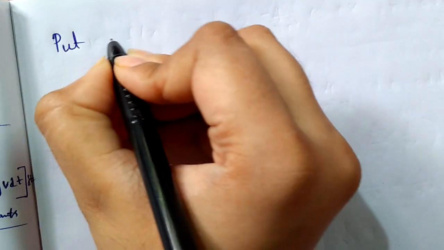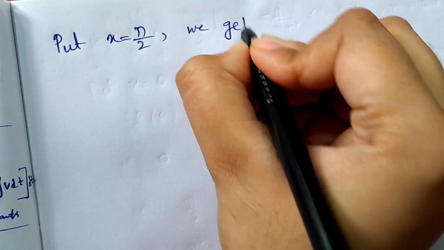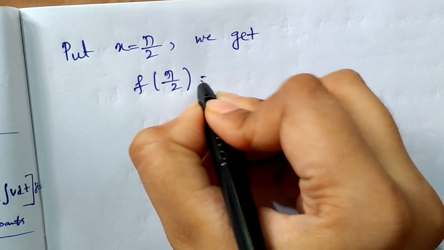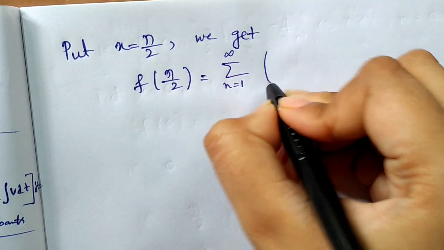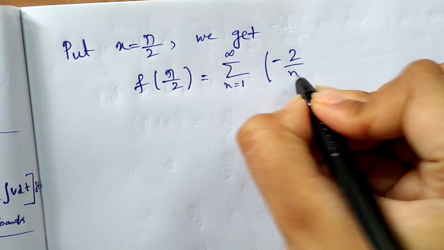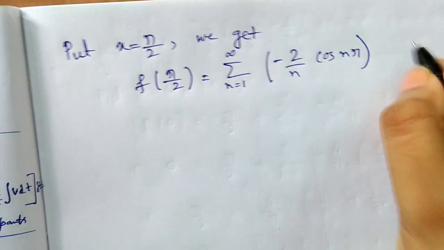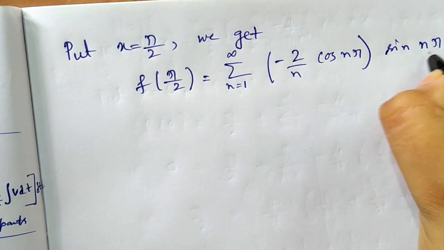So put x equal to pi by 2, we get f of pi by 2 equal to summation n equal to 1 to infinity minus 2 by n cos n pi and sin n pi by 2.